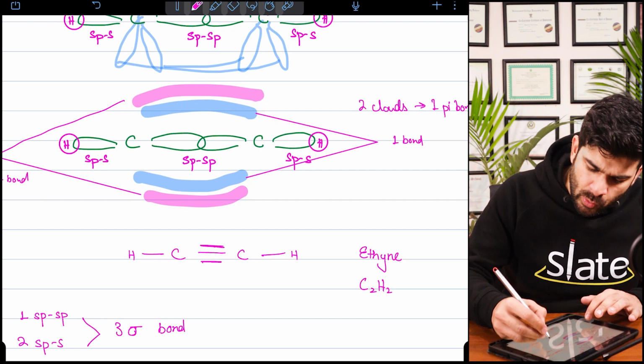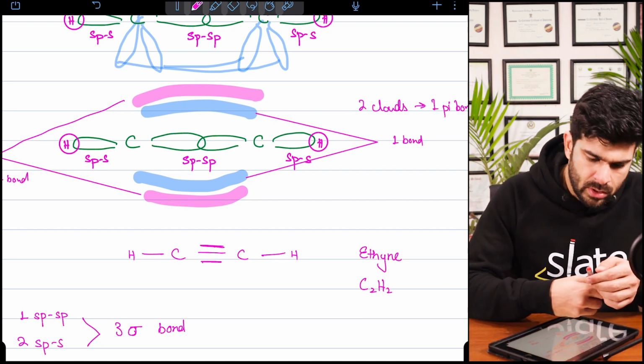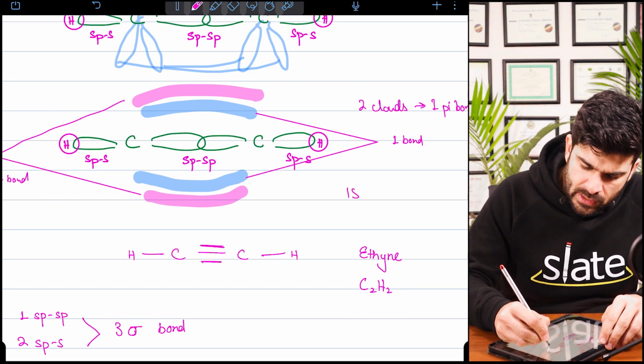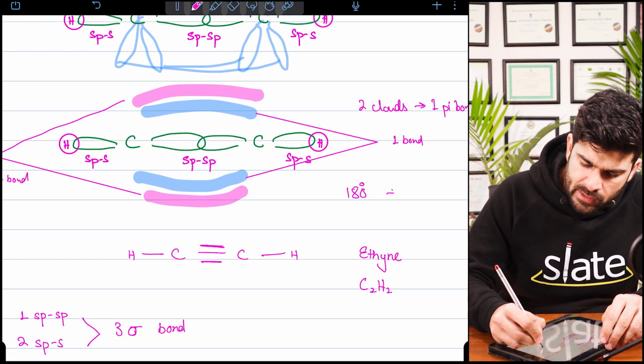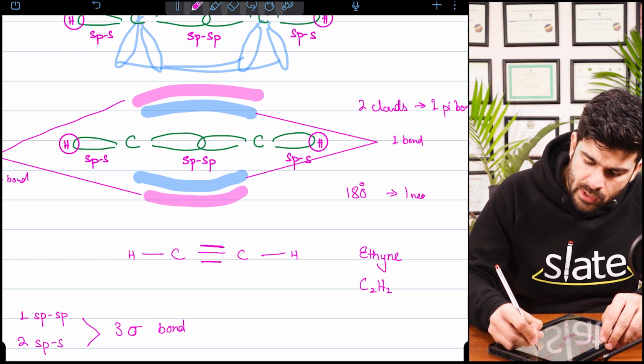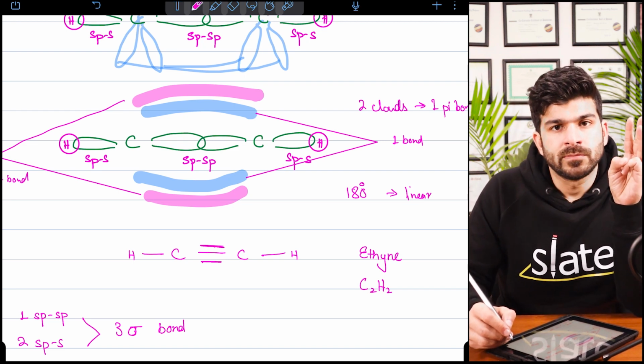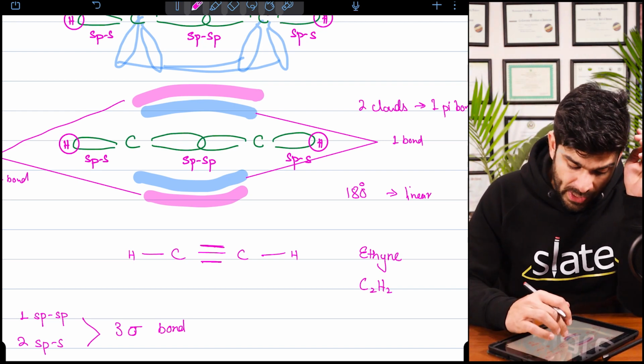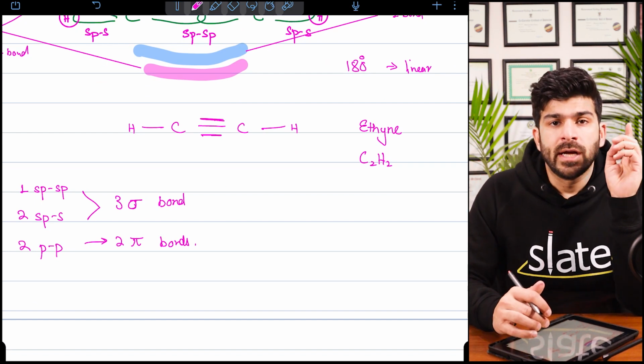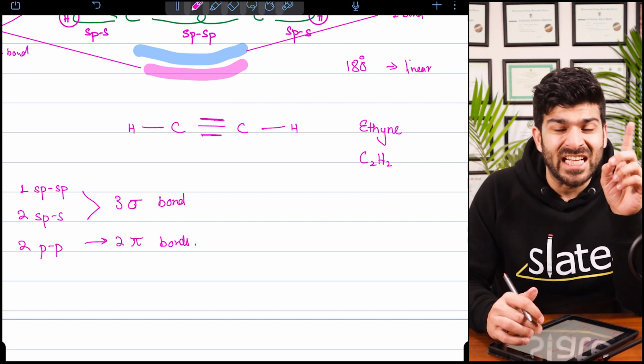And the angle would be 180 degrees, a linear shape. So whenever carbon is making bonds this way, that's sp hybridized.